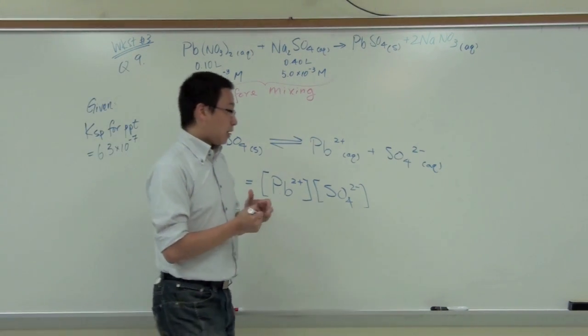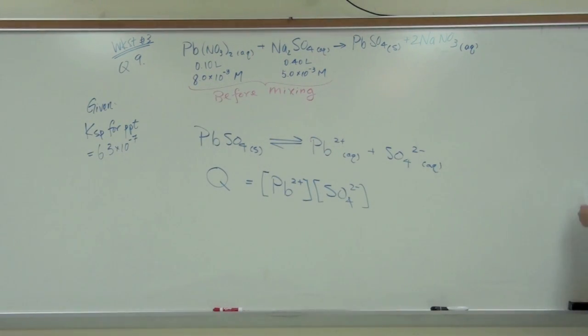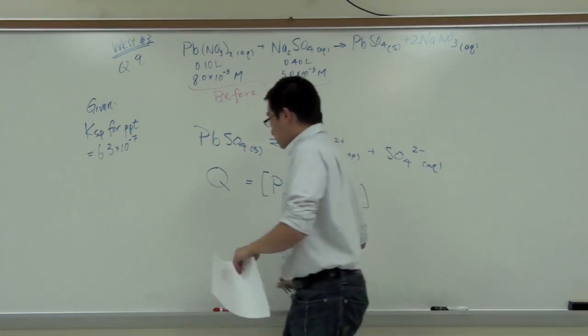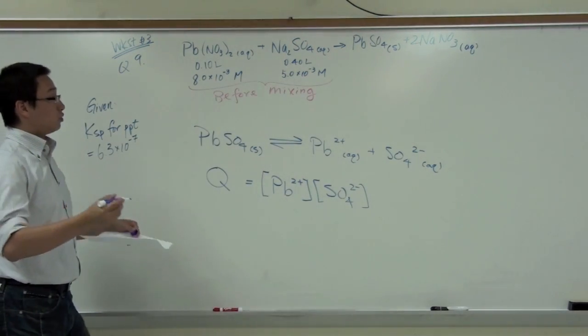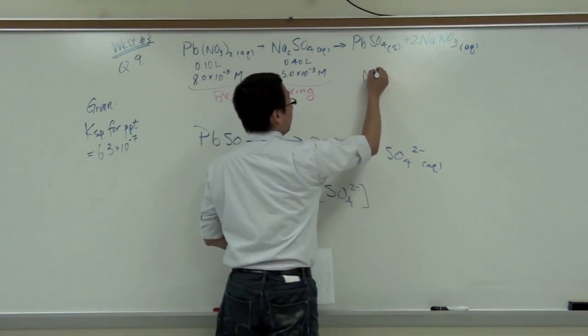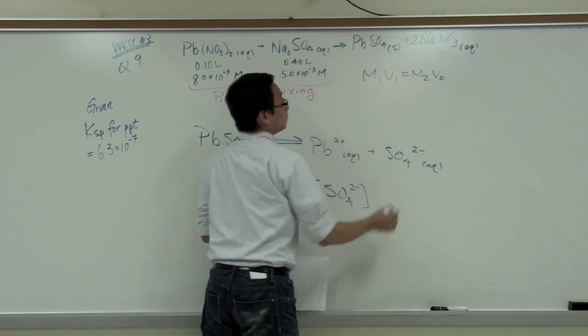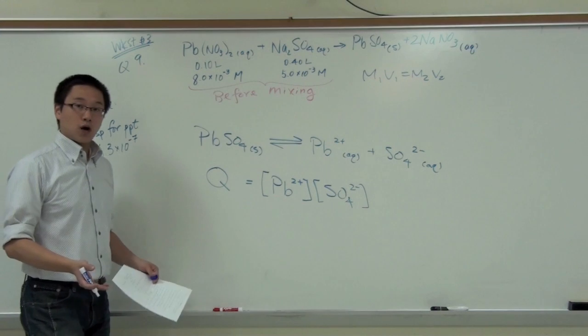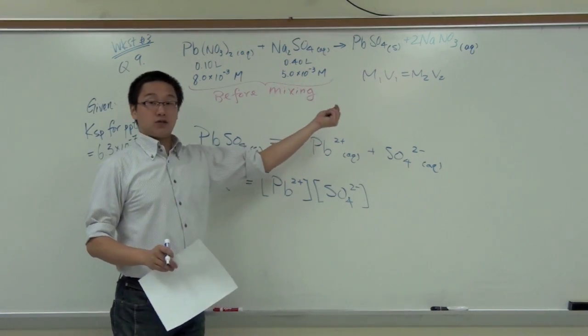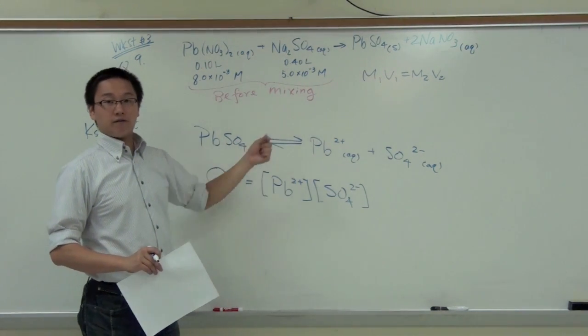So because of the time issue, I have my numbers ready. And just to tell you how to calculate the concentration, you can always use M1V1 is equal to M2V2 to calculate what is the new concentration. In this case, the V2, the new volume, is 0.5 liter.